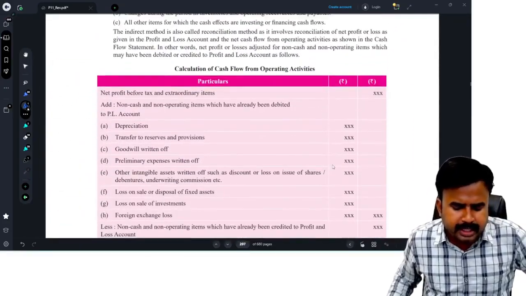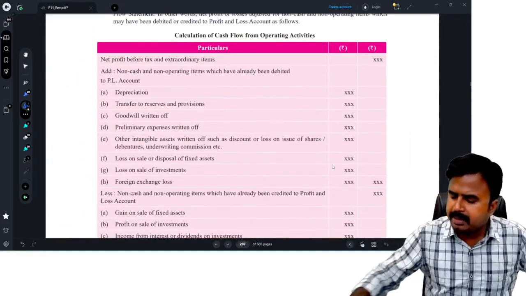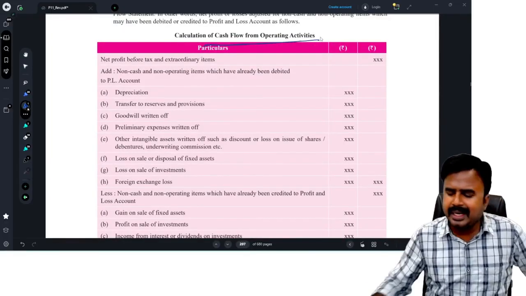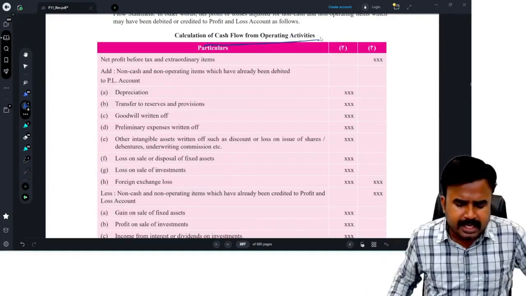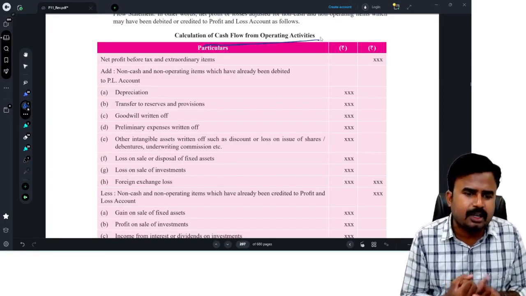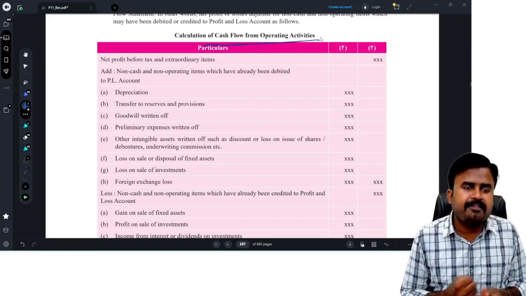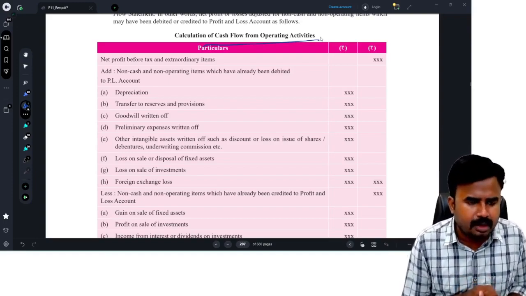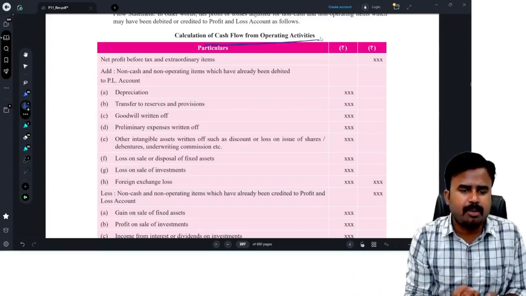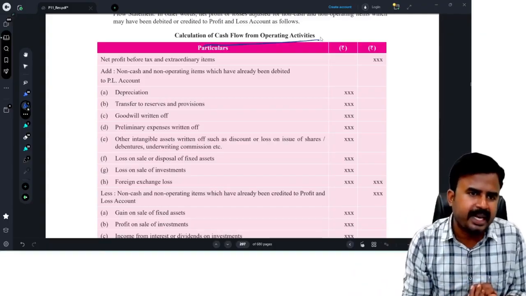Now let me go for the next statement called cash flows from operating activities under indirect method. See, my dear students, this is the indirect method. This is going to be prepared from profit and loss appropriation account and profit and loss account. So by referring to the profit and loss appropriation account and profit and loss account, I can prepare cash flows from operating activities by adjusting some of the non-cash items and some of the non-operating items.